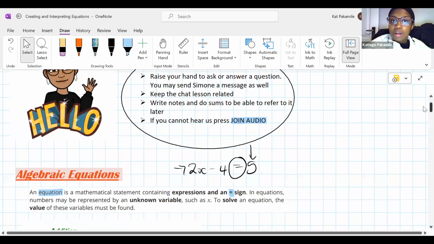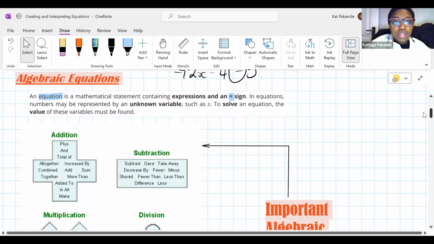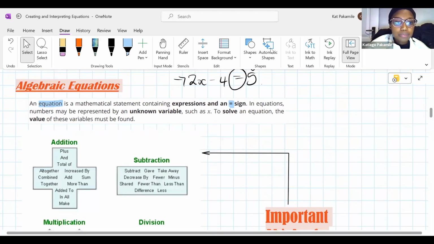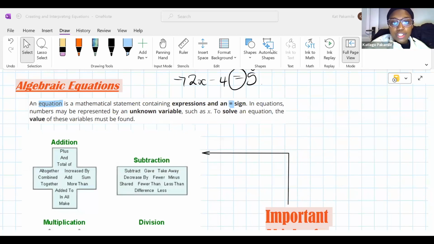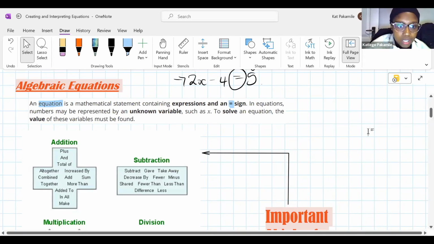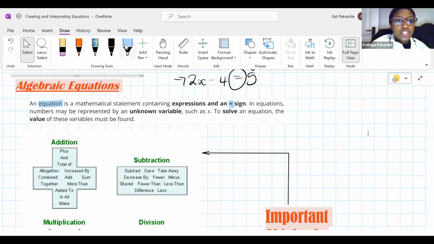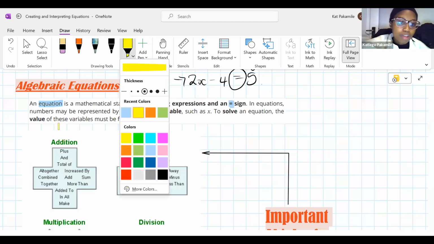So let's talk about important vocabulary that we need to know. Addition. When you have number sums or you're trying to interpret an equation, addition is associated with the following words. So we are over here for anyone who might be lost.